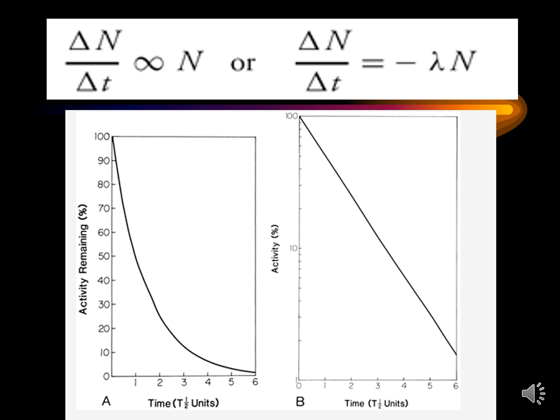For example, in the radioactivity curve, one factor will be time, so the activity is inversely proportional to the time. And the second factor will be the initial activity, or the change in the activity. So these are the factors that affect a radioactive decay curve.